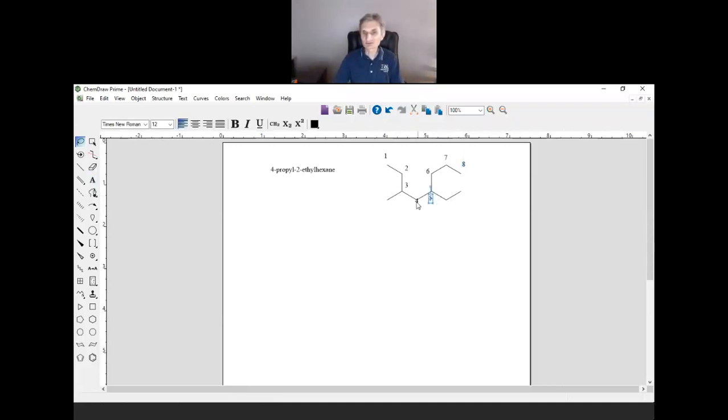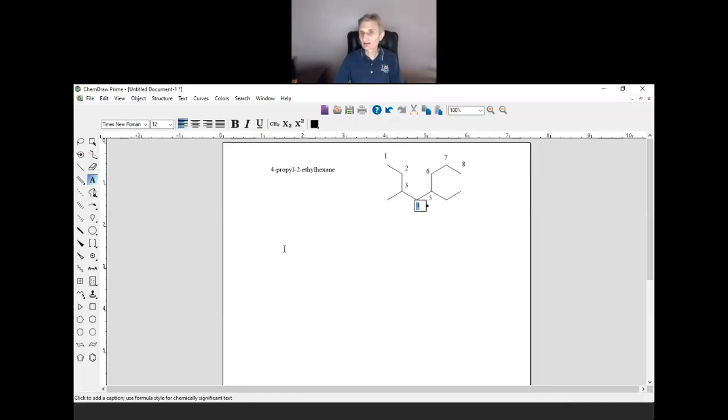And now be very careful. Once you figure out it's octane, what are the substituents? Because sometimes students figure out, well, okay, it's octane, and then use the same substituents, ethyl and propyl. No. On carbon 3, the substituent is methyl, and on carbon 5, with 2 carbons, it's an ethyl substituent. So it's ethyl and methyl, and you list ethyl first.